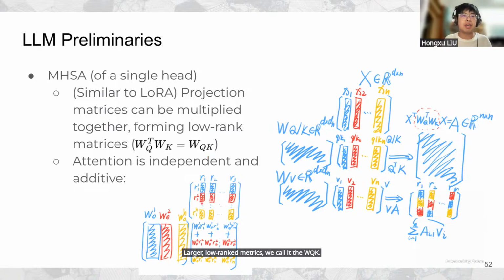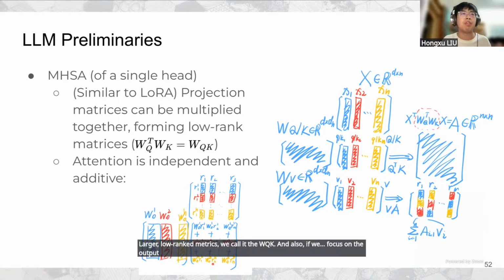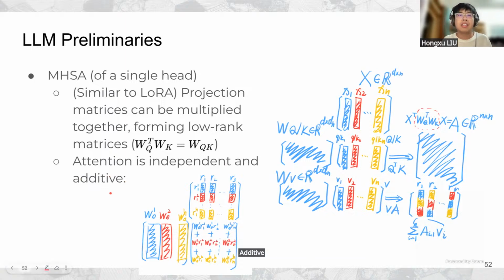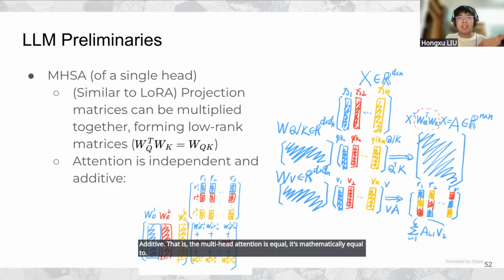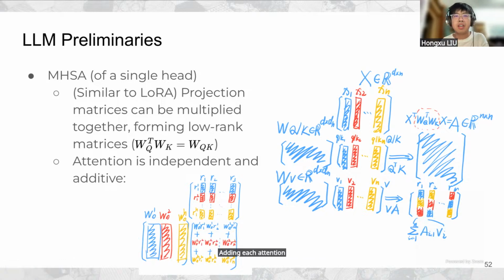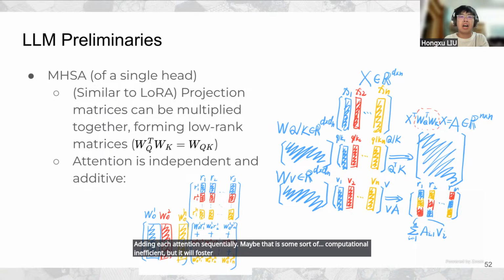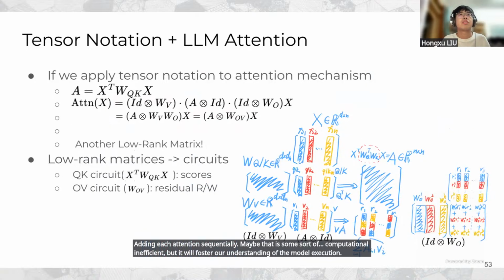And if we focus on the output projection matrix, we will find that attention heads are independent and additive. That is, multi-head attention is mathematically equal to adding each attention head sequentially. Maybe that is somewhat computationally inefficient, but it will foster our understanding of the model execution.